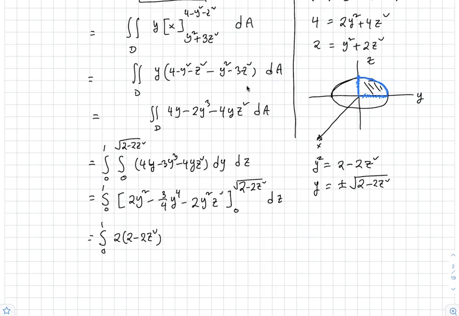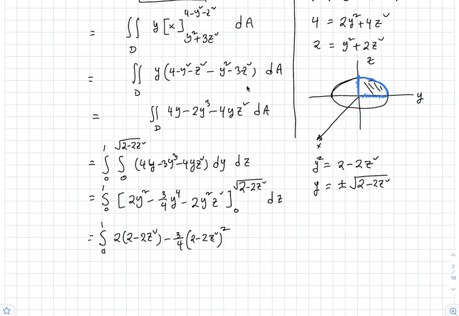I have this minus 3 over 4 y to the power 4. So y to the power 4 is y square to the power 2. So y square is 2 minus 2z square, because this is y. When you take y square, the square root cancels, and then in order to get y to the power 4, you square it again.